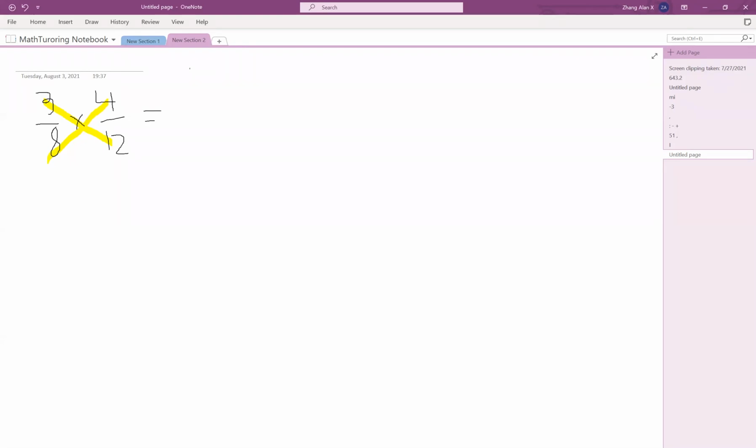What number can I divide 3 and 12 by that gives me a whole number other than 1? 3 times 4 equals 12.